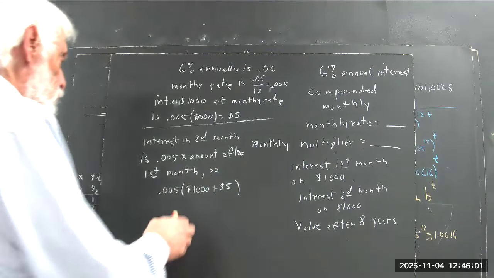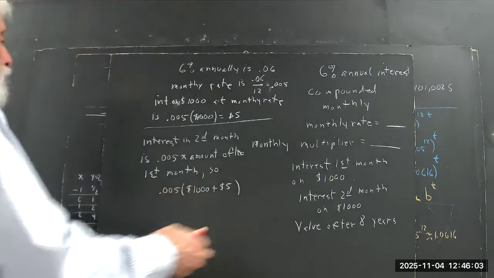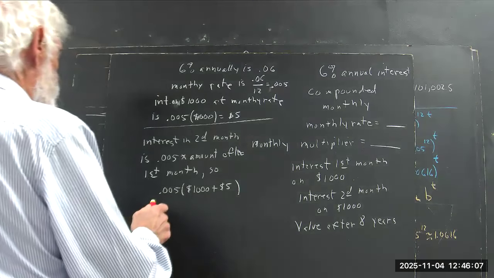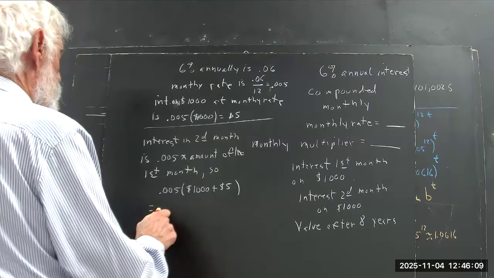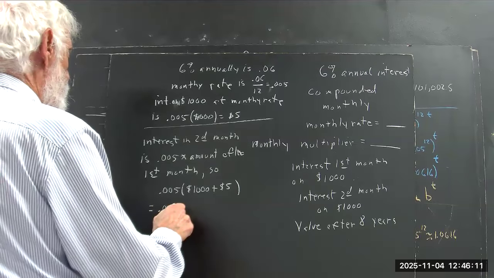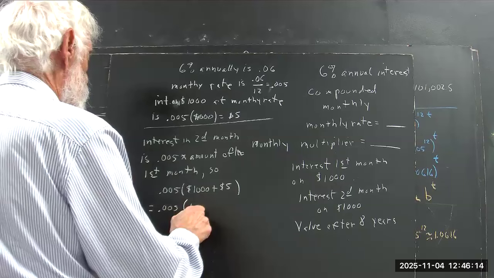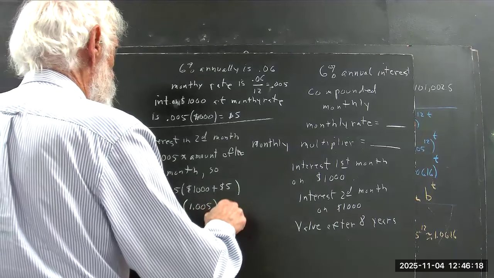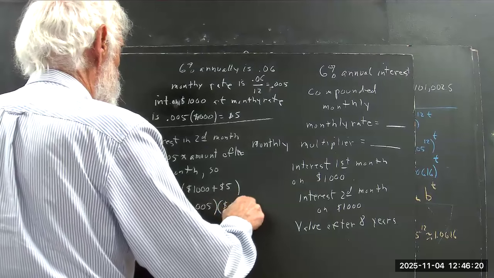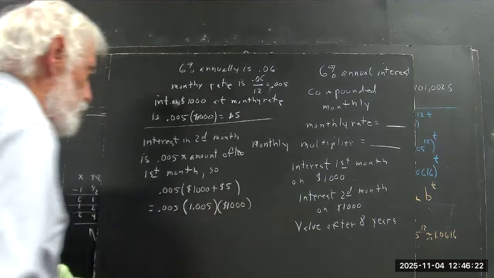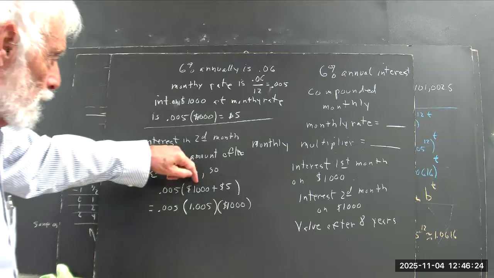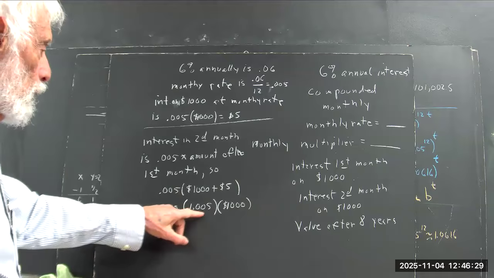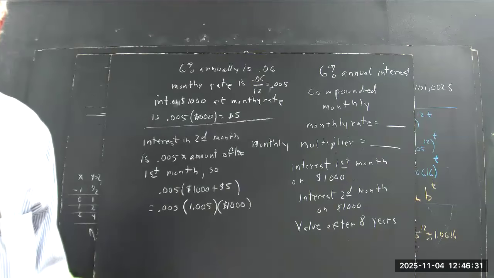Simple binomial expansion though. So $1,000 plus $5. We're going to note that the $1,000 plus $5 you have at the end of the first month is 1.005 times $1,000.